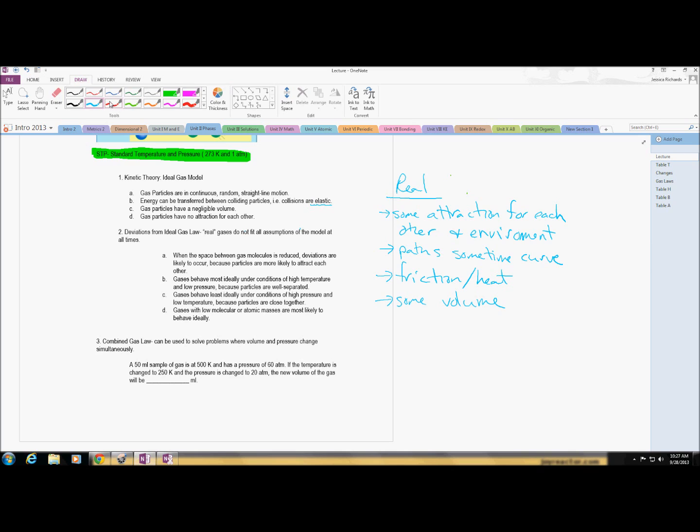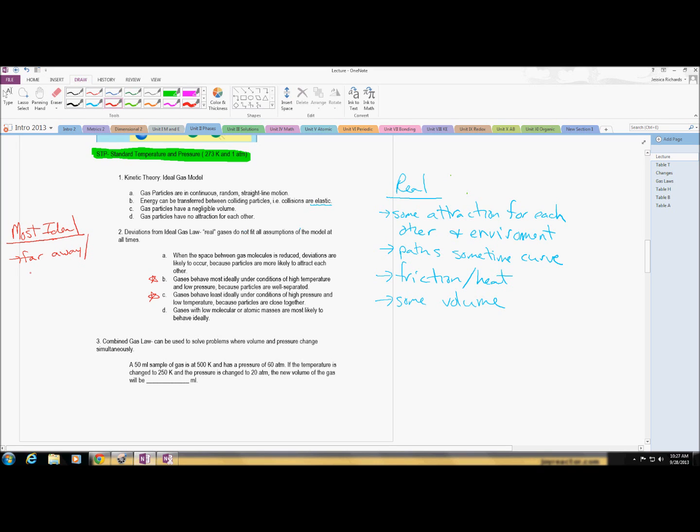Now we can get gases to behave more ideally, and these two right here, they like to ask a lot. What are the conditions to get a real gas to act most ideally or least ideally? So if we want a gas to act most ideally, we want the particles far away from each other and moving fast.